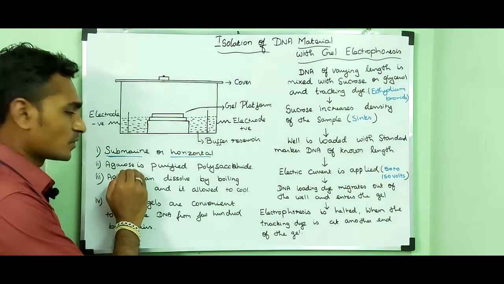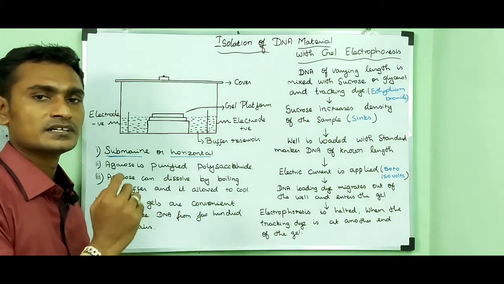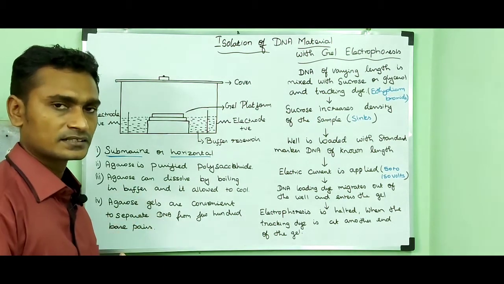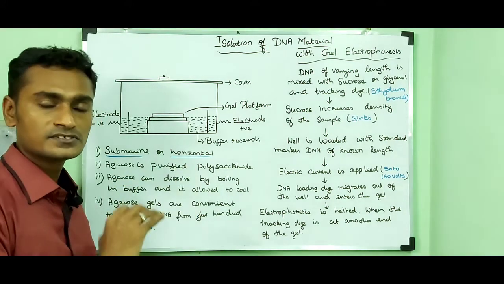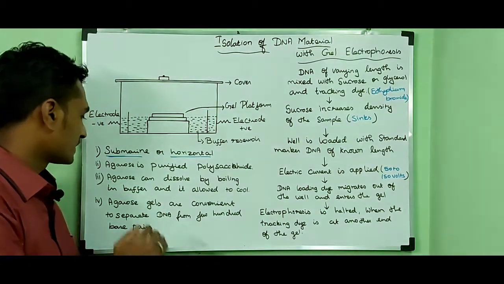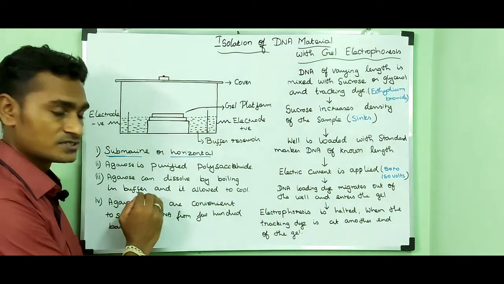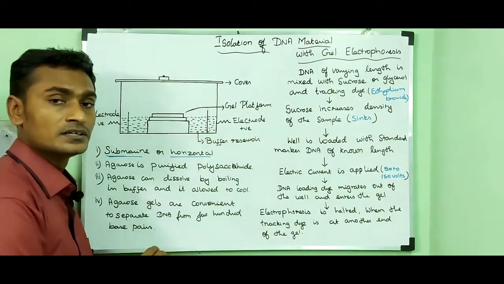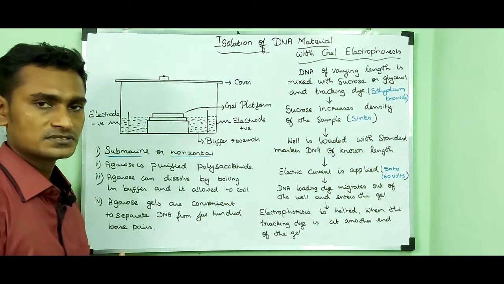Agarose powder is a purified polysaccharide derived from the red algae Gelidium and Gracilaria. Agarose can be dissolved by boiling in buffer solution and then allowed to cool. This results in the formation of agarose gel at room temperature.